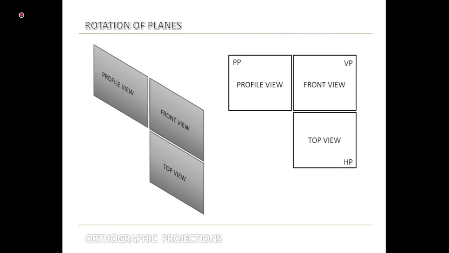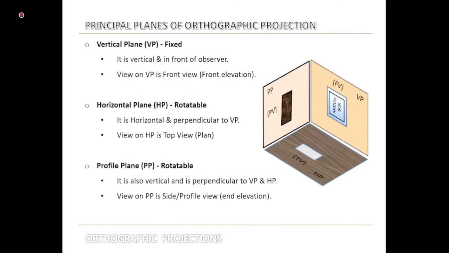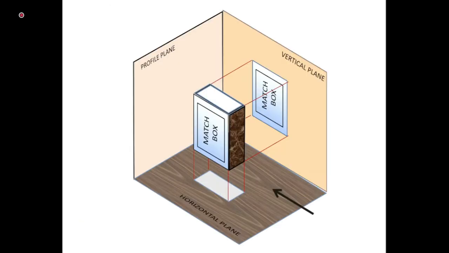This is the front view, top view, right or left side view of the front view. Yes, it will come. That depends how the object has been aligned. Let me tell you here. See, now if you are looking from here, then the back view will be the same rectangle that is there on the vertical plane, but with no matchbox written on it, right?